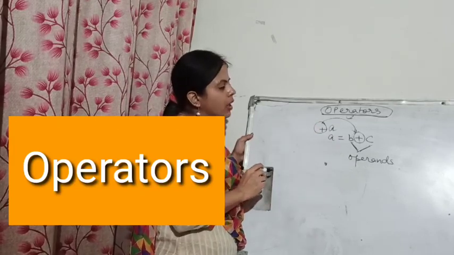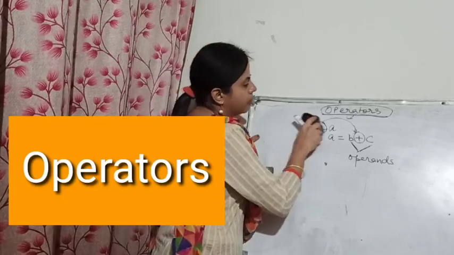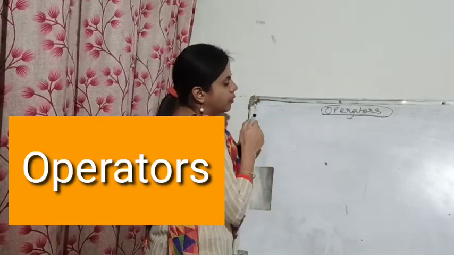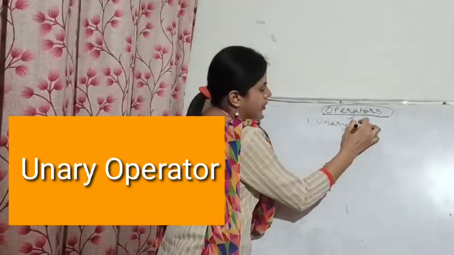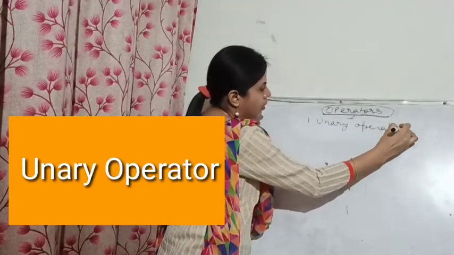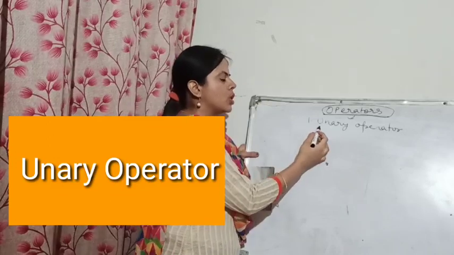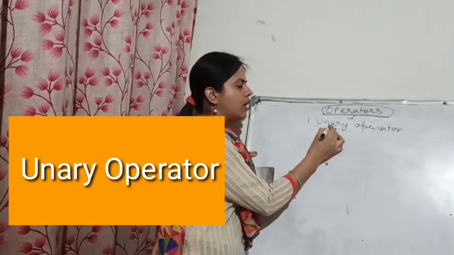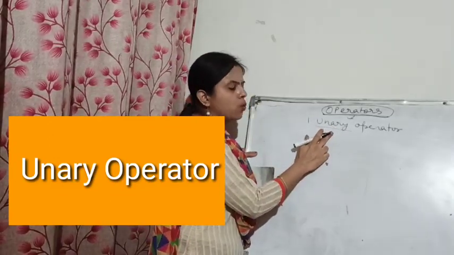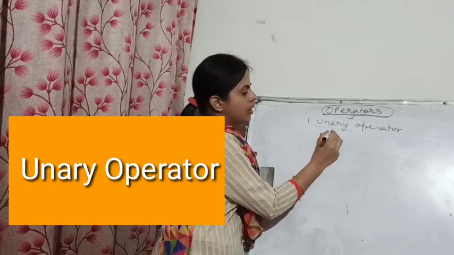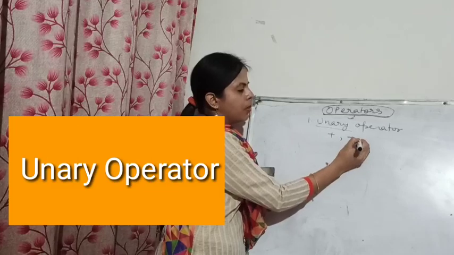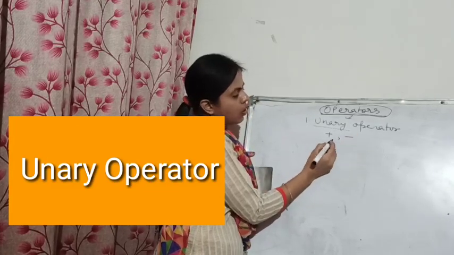Now operators are further divided into different parts. The first one is the unary operator. Unary operators are the operators which work on a single variable. For example, the operator sign plus or minus will work on a single variable.